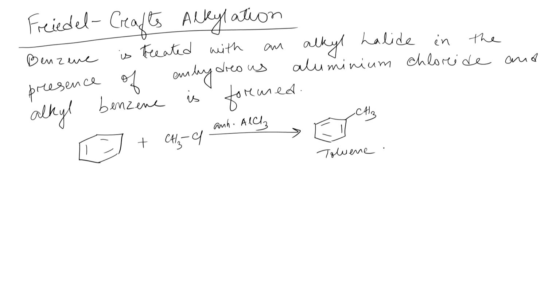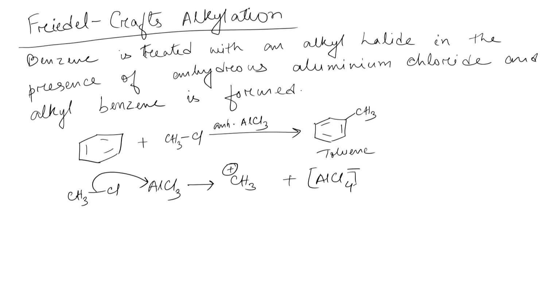Let's say first the generation of the electrophile. We have methyl chloride and aluminium chloride. The electrophile is generated like this. We have this carbocation and AlCl4 minus.